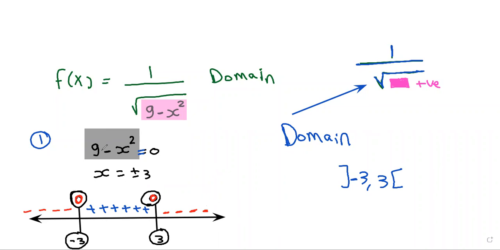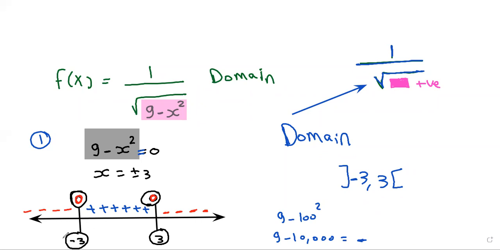So 9 minus 100 squared will be 9 minus 10,000. So at the end, it will be negative. So all the values to the right of 3 are negative values. The function is negative. And negative 3 makes the function equal 0.